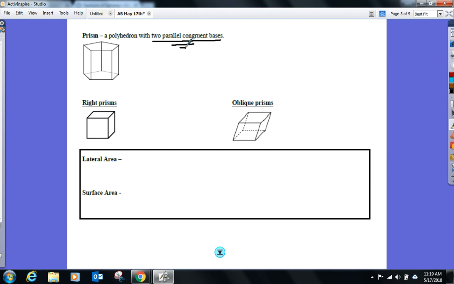Those are pentagons. Everyone agreed the bases are pentagons here. Those are the 2 parallel congruent shapes in that diagram, and I would name it by the base. So we'd name this, ready to get fancy, pentagonal prism.